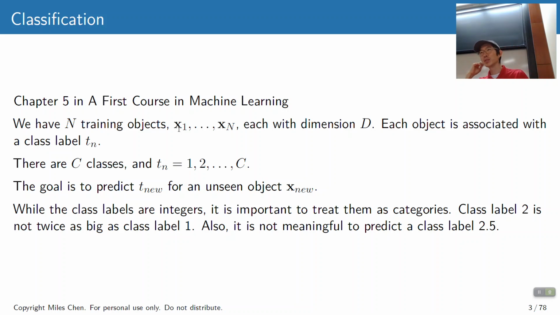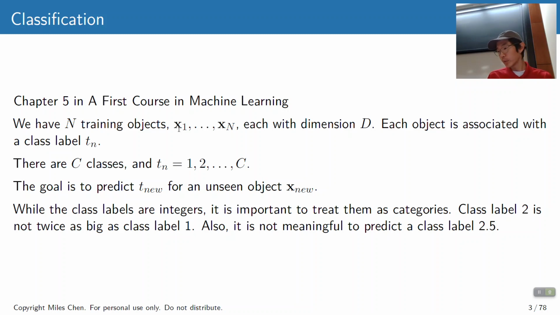I don't know, maybe they're in a different order. Our goal is, if we get a new observation in your test case, say the sepal length is 4.6 and the petal length is this, can we accurately predict which class it belongs to?